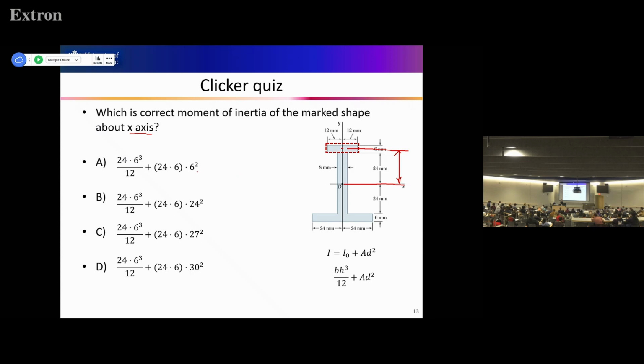So it's not 6. 6 is the height of this shape, right? And then 24 is distance between x-axis and the lower, right? And then 30 is distance between x-axis to the top surface, right? So that's why C is correct, right? So that's what dx is.